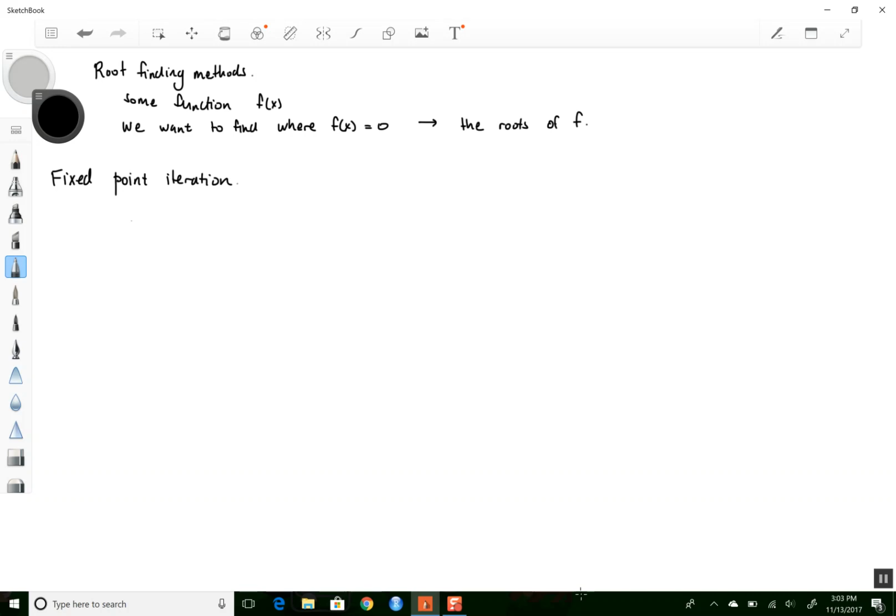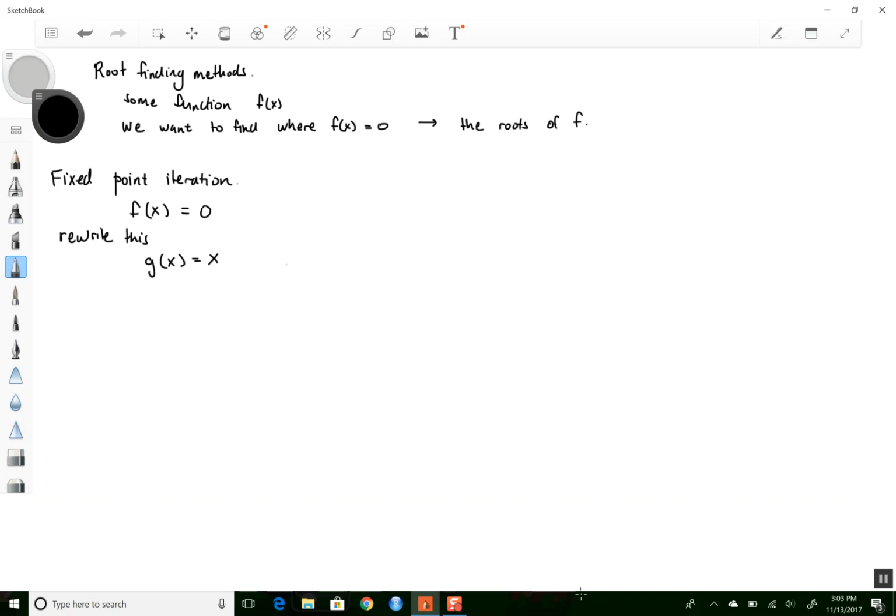And we said we have some function f of x, and we want where f of x equals 0, and we are going to kind of rewrite this. So we have basically g of x equal to x, and we find the g.